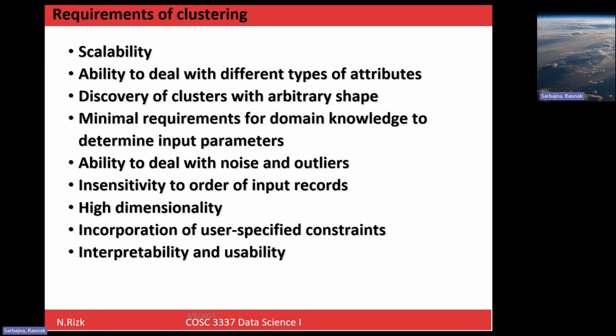That's what it means to be insensitive to the order of input. If you shuffle your input data, or if you perform any n-fold separation of the data, the cluster results should remain broadly the same. And your results should be interpretable and usable, etc.